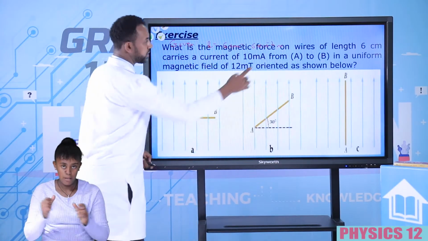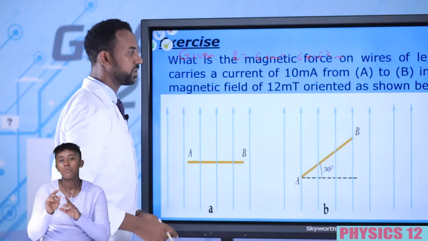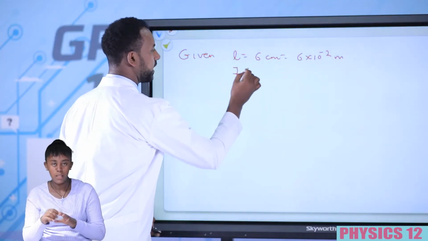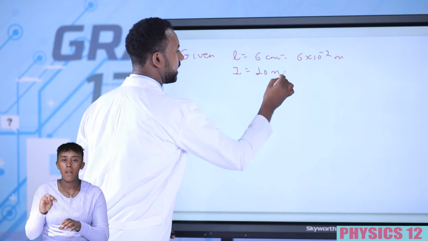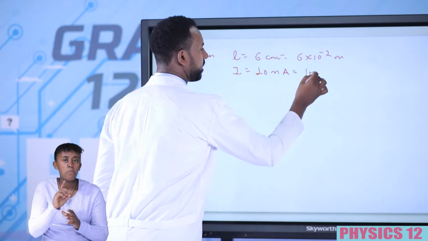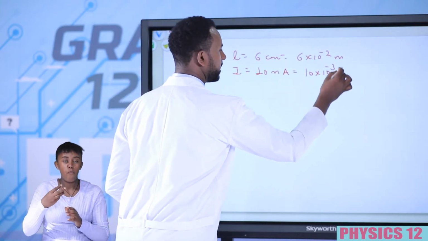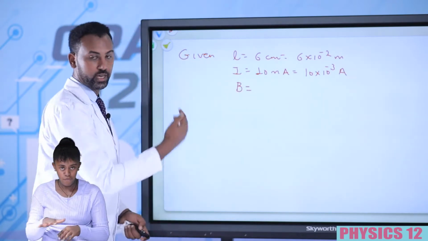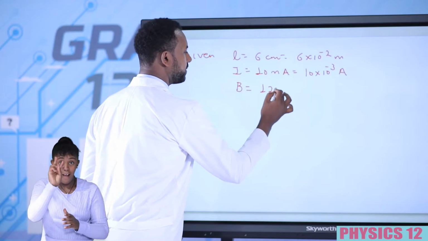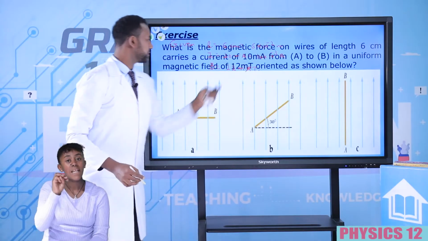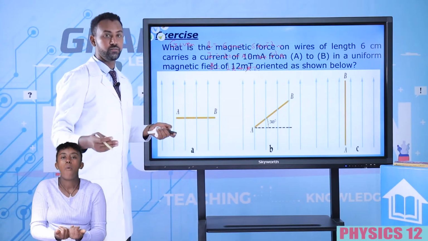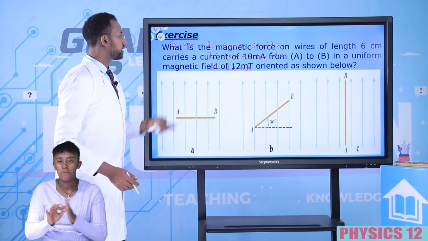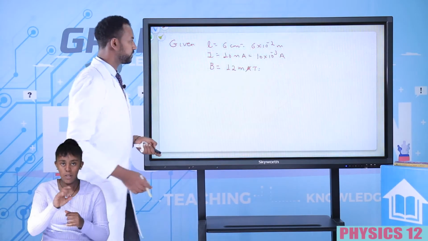The current is given to be 10 milliampere. Milli means 10 to the power of minus 3 ampere. And there is a magnetic field acting vertically upward, which is 12 millitesla. These are the given variables. Therefore, we are asked to find the force.